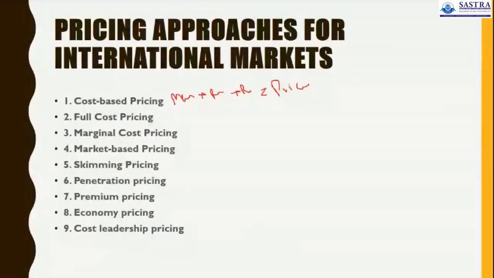If the company has decided on a 25% profit margin, then they will be adding 25,000 rupees as an overall profit, that is 25 rupees per product. So the price at which that particular product is available in the market is 125 rupees. That pricing strategy we call the cost-based pricing strategy.